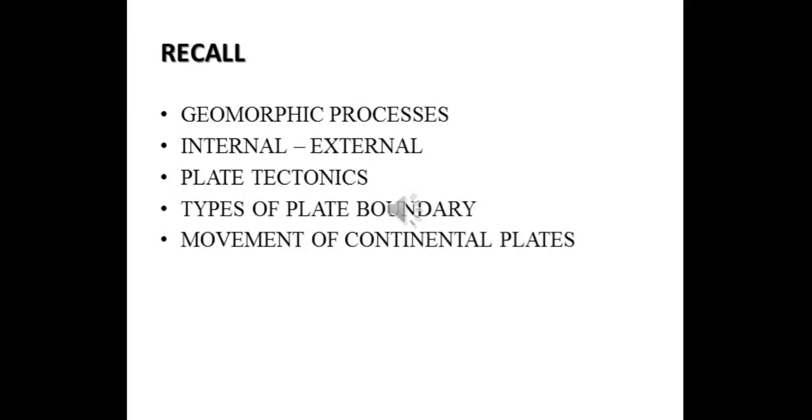Then we saw about plate tectonics, that is the movement of plates, and also the types of plate boundary. There are several major plates and minor plates that float over the mantle, which have several types of boundary, that is convergent, divergent and conservative boundary.